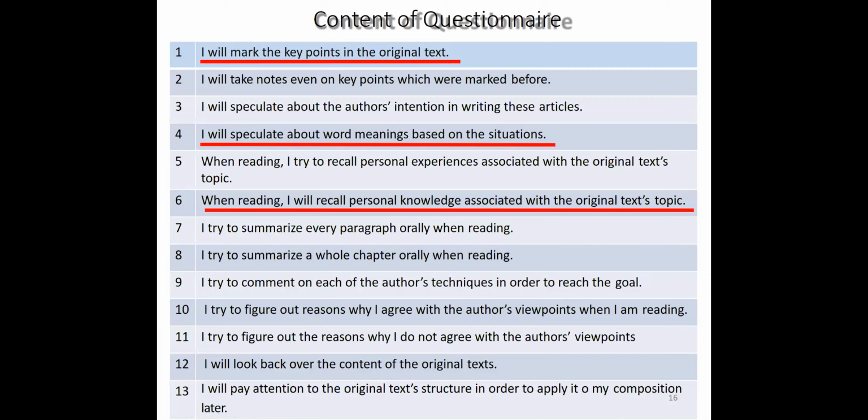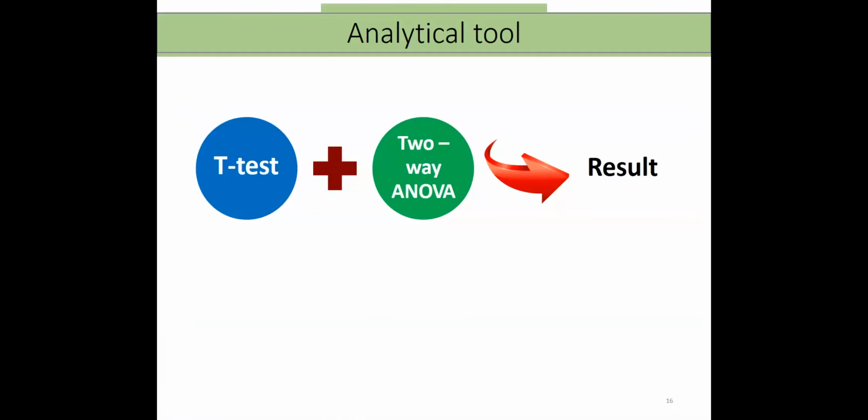In these 36 questions, there are 6 reading strategy applications: listing, inferring, elaborating, summarizing, evaluating, and reviewing. The analytical tools I am going to use are a t-test and a two-way ANOVA. These two analytical tools will produce the results.